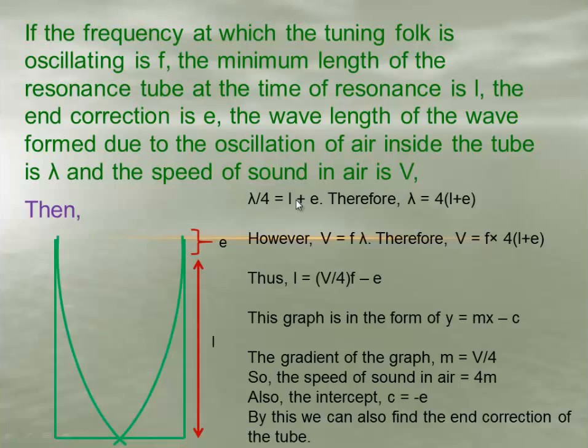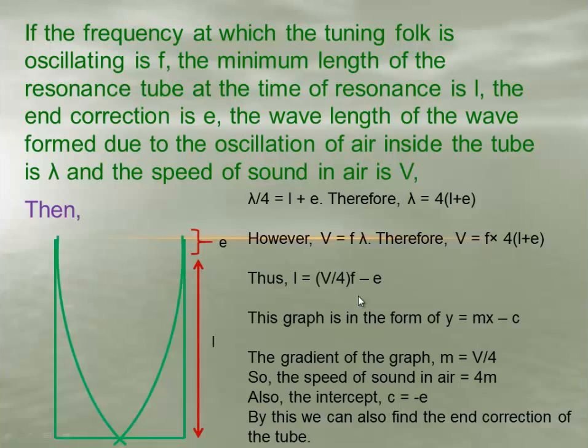We can do that by changing the tuning fork, say one with a frequency of 256 Hertz, another 262 Hertz. Likewise, you can increase or decrease the frequency. I'll explain about the sequence of frequencies you have to use. For now, think that you are either increasing or decreasing the frequency, and you change the length so that resonance occurs at some length.